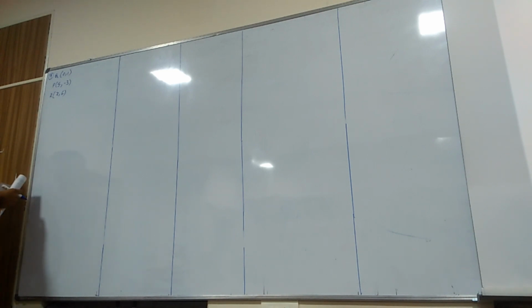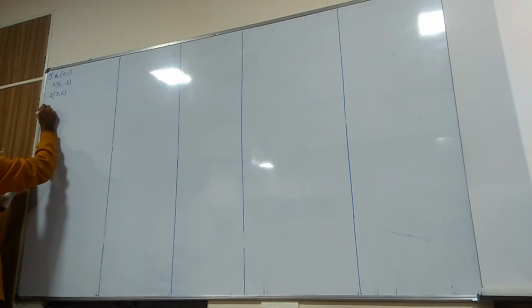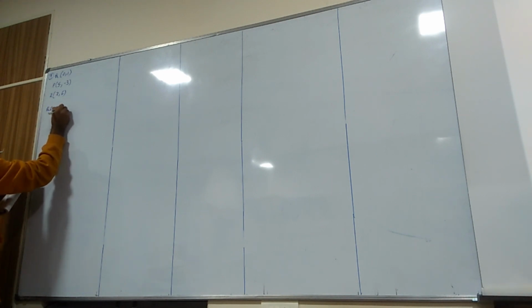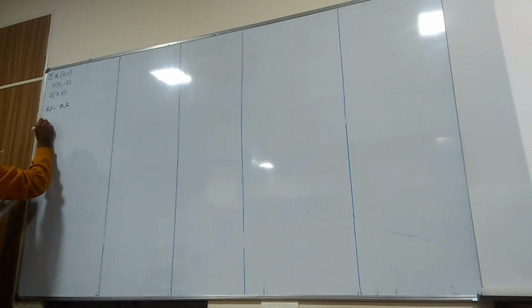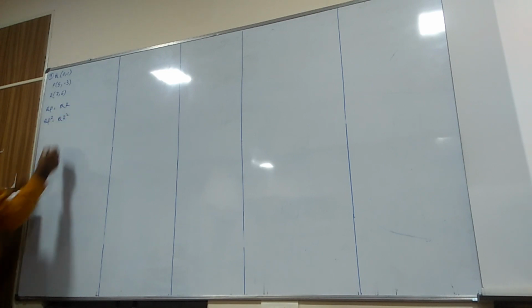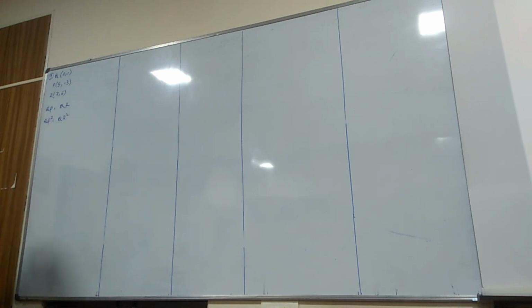They have given it is equidistant. That means QP is equal to QR. Right? That means QP square is equal to QR square. So what is QP?